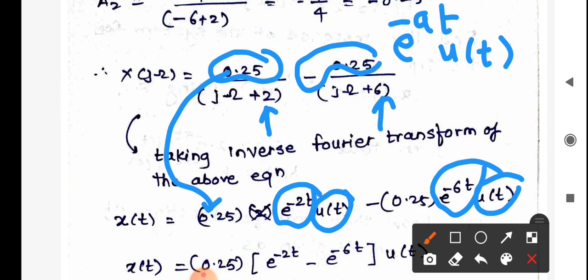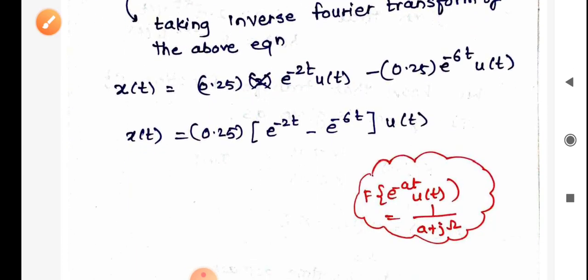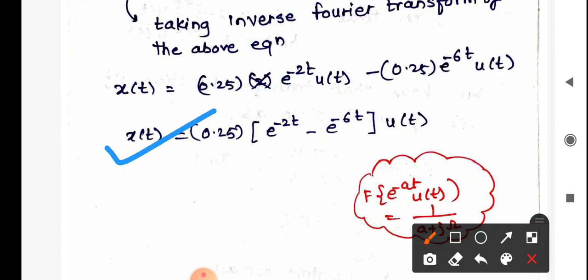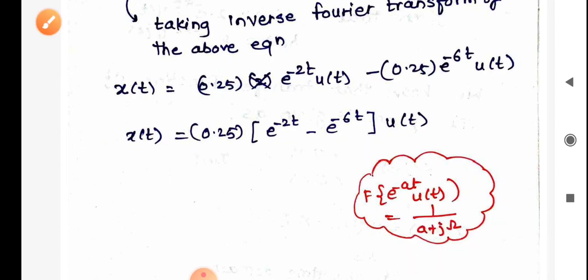So finally, the inverse Fourier transform of this particular thing comes to be 0.25 taken common, and what remains inside is e raised to minus 2t minus e raised to minus 6t, right? So here the standard Fourier transform pair e raised to minus at u of t has helped me a lot to obtain this particular convolution, right?